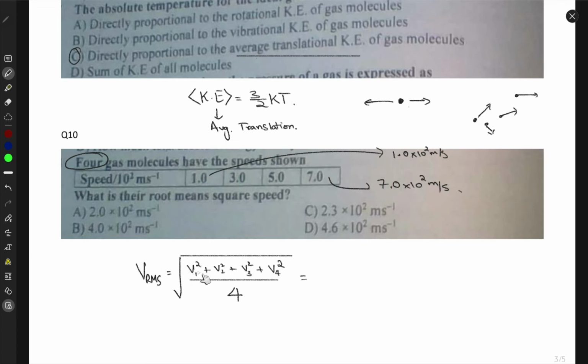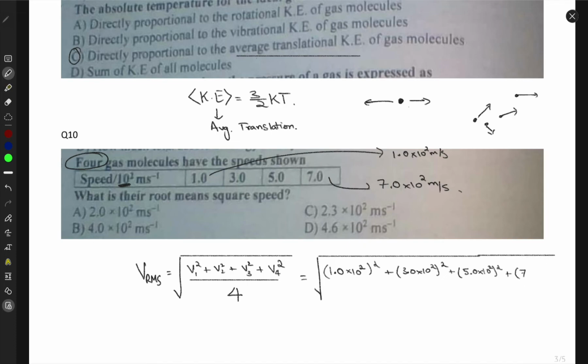Now it's just a matter of putting velocities over here, and you have to remember that all of these speeds are given in 10 raised to power 2. So if I write the first one as 1.0, I'll multiply it with 10 raised to power 2 and then square it. Similarly, the second one is 3.0 into 10 raised to power 2 and then square it. And then the third one is 5.0 into 10 raised to power 2 and then square it. And so on, right?